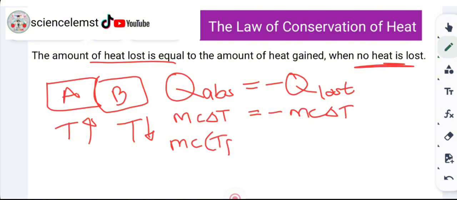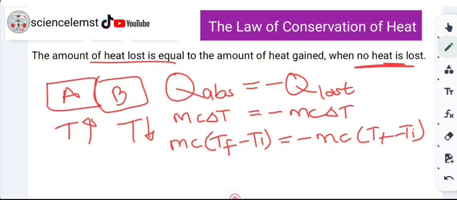It is the final temperature minus the initial temperature, which is equal to negative mc(final temperature minus initial temperature). This is something that you need to know. In the formula sheet, you'll be given Q is equal to mcΔT. You now need to apply it to this law. I hope you understand what I'm saying.